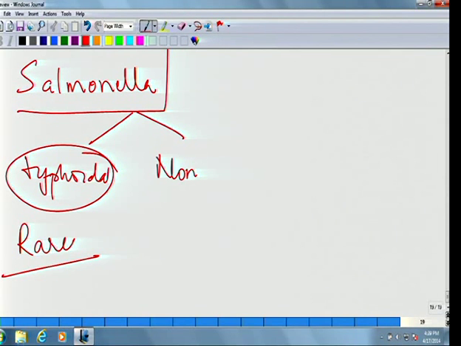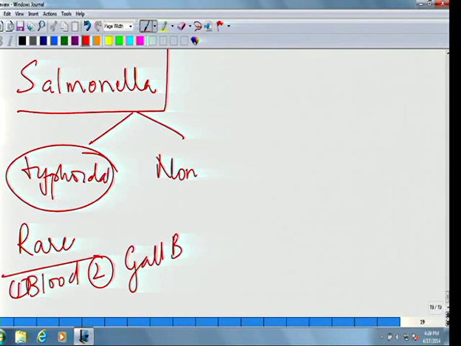One important feature about this bacteria is that it mostly presents not so much as a gastrointestinal infection, it manifests more like a septic illness, and the bacteria is seen in the blood. The second feature that you should remember is it can remain latent in the gallbladder, causing a chronic carrier state.